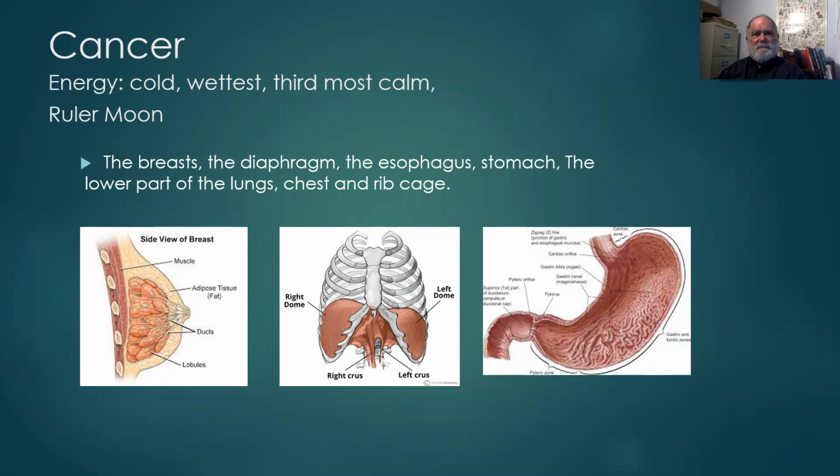One of the energies of Cancer is cold. It's the wettest of the signs, and it's calm, and the ruler is the moon. So influences in that area we'll find in the chart correspondences with Cancer or the moon ruler. And it rules the breasts, the breasts producing milk.